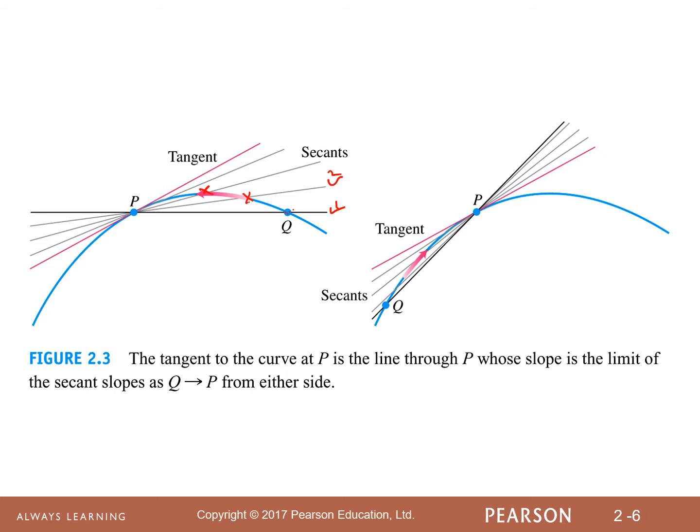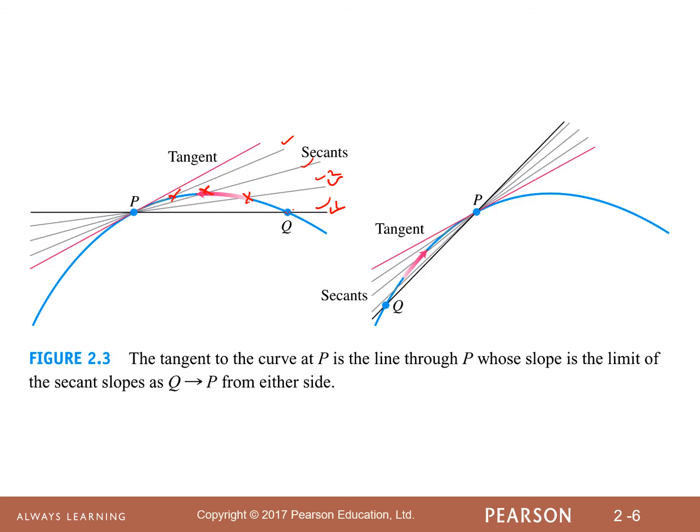The secant has changed. And then let's say we move it to this point. The secant has changed. Each one of these blue secants crosses the function in 2 points, right? Because Q is moving around this line. Q came to this point, and then to this point, and then to this point.